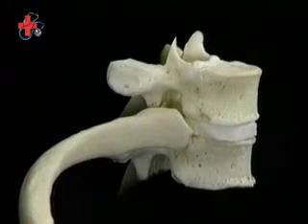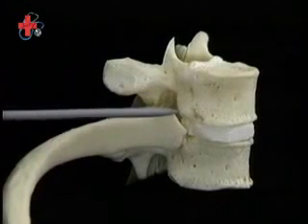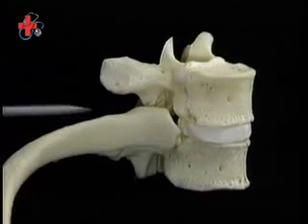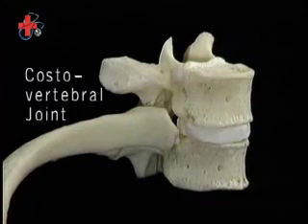As we saw in the section on the spine, the rib articulates with the adjoining vertebrae at 2 points, the head and the tubercle. The head of the rib has two articular facets. The two facets articulate with the vertebral bodies above and below to form the costovertebral joint.